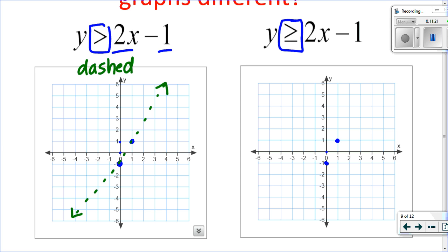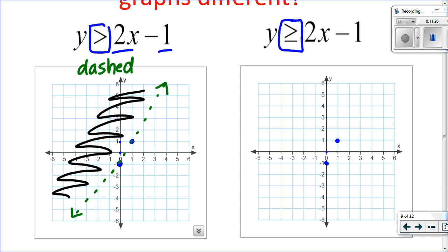Still going to shade above, but that's telling me that the points on that line are not solutions. Only the points above. Nothing on the line is a solution. Okay, so in other words, if I pick something on the line, negative 1, negative 2, that's not going to work in that inequality because it's on the line.